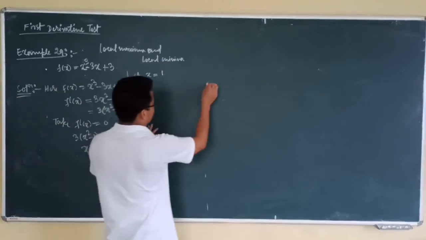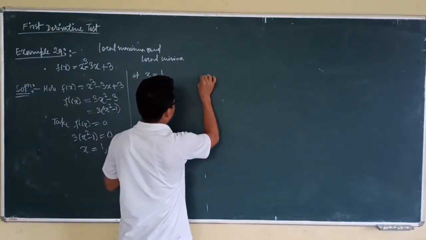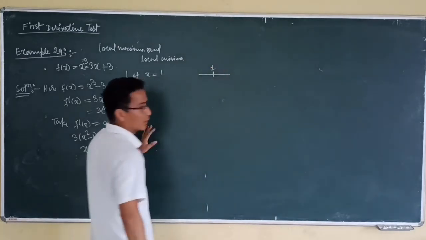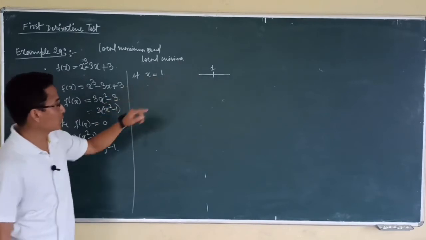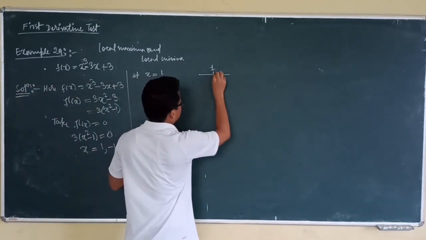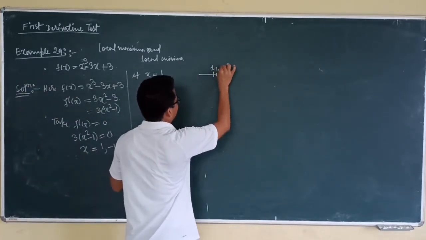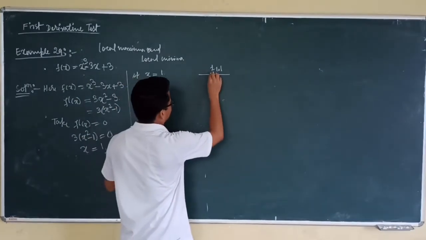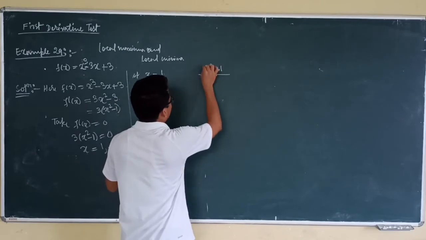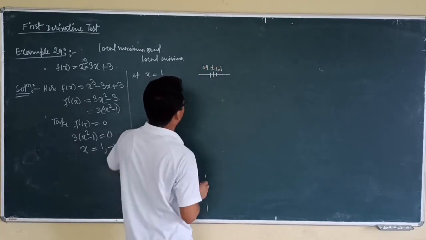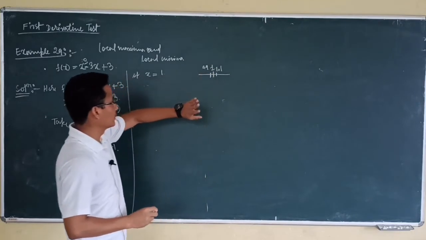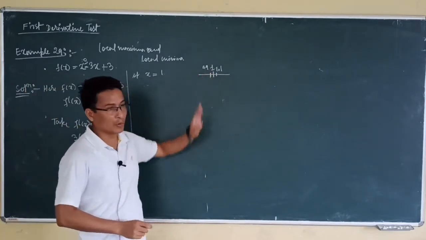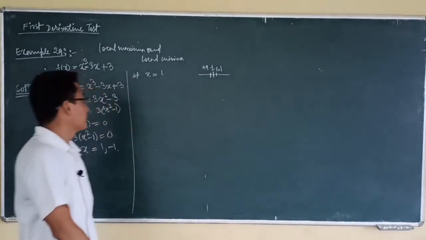So as not to get confused, draw it like this: 1 is the critical point. I will take 1.1, just the next value close to 1, and on the other side 0.9.